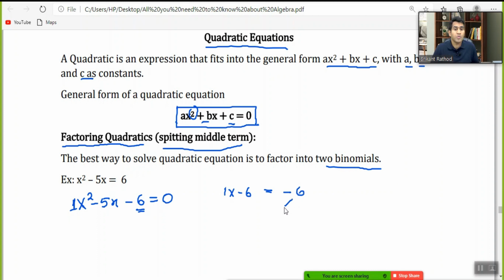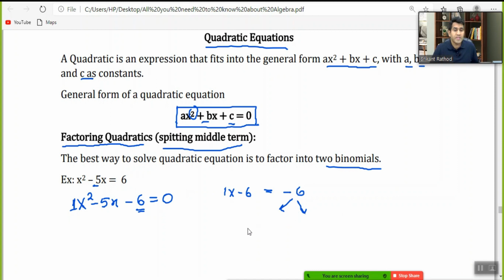Now you have to write the factors of this negative 6. When you multiply those two numbers, you should get negative 6, but when you add those two numbers, you should get the middle term, that is negative 5. That basically is b, the coefficient of x.